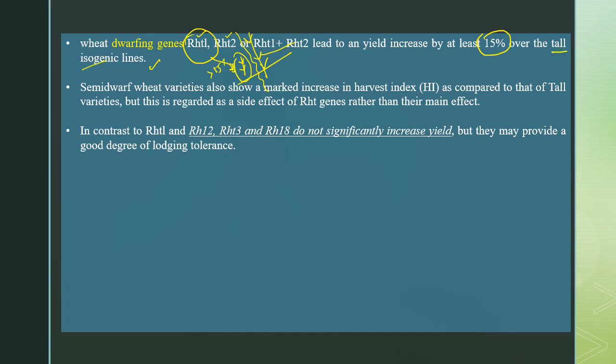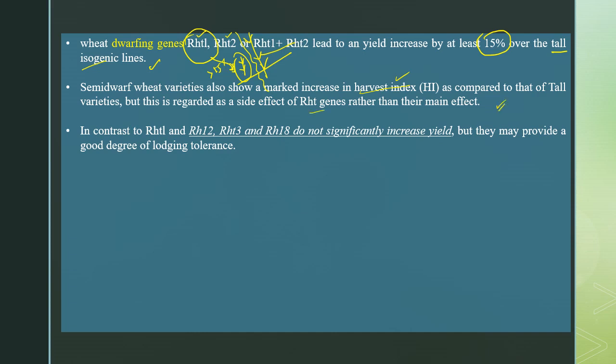Semi-dwarf wheat varieties also show a marked increase in the harvest index. If asked in a true or false question, you must say this is true, that semi-dwarf wheat varieties also increase the harvest index as compared to the tall varieties. But this is regarded as a side effect of the RHT genes rather than their main effect.